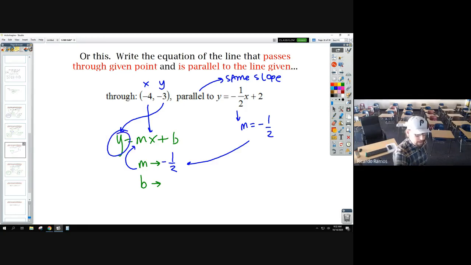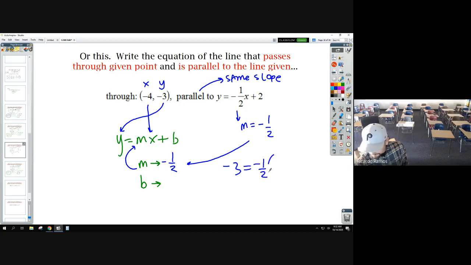So that's y, -3, equal to slope, -1/2, times x, -4, plus b, because that's what we're trying to figure out, right?